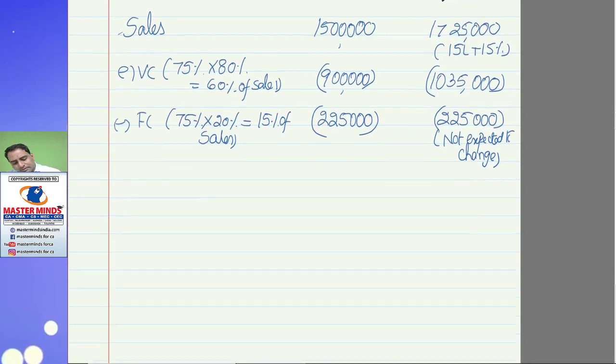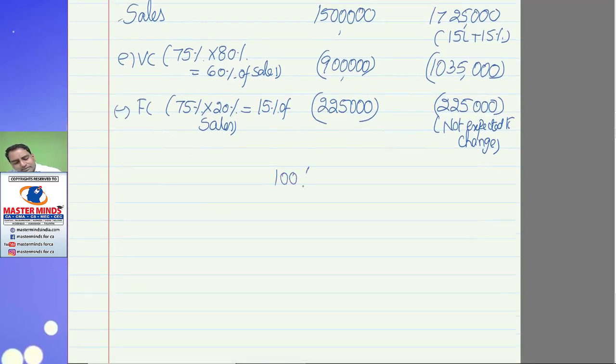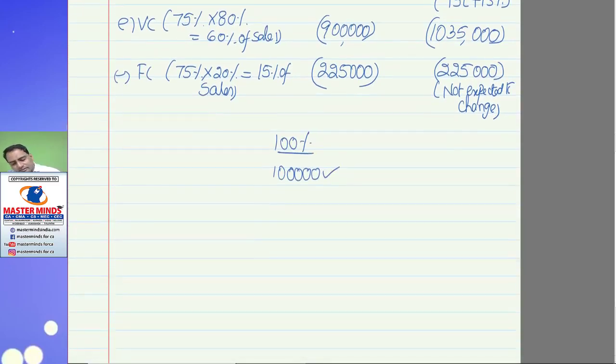For example, at 100% capacity, I can produce 1 lakh units. Right now, I am operating at 60% capacity, producing 60,000 units. Due to an export order, I have to operate at 80%. In that case, I have to produce 80,000 units, 20,000 units extra.